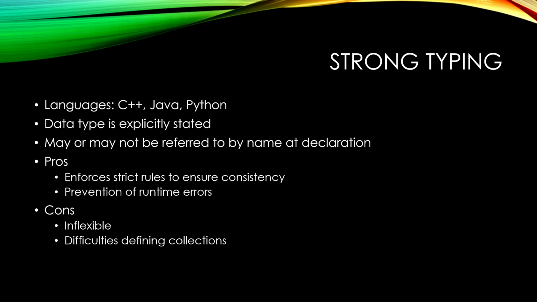It creates a little bit more thought, and it also constricts, in the case of C++, where collections are not a type of their own, but rather have a type. It means that that collection can only store that type. So if you declare an array of integers, you can only fill it with integers.